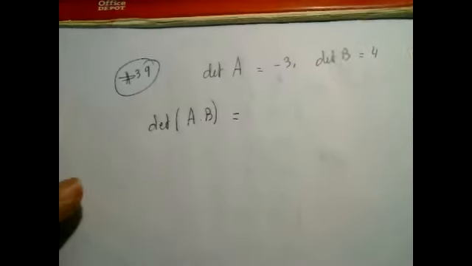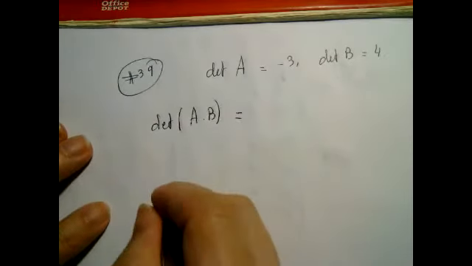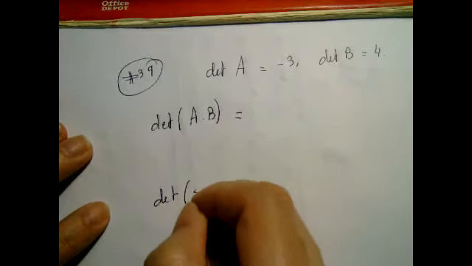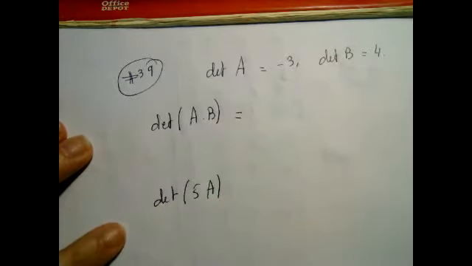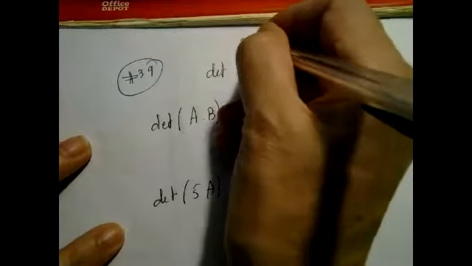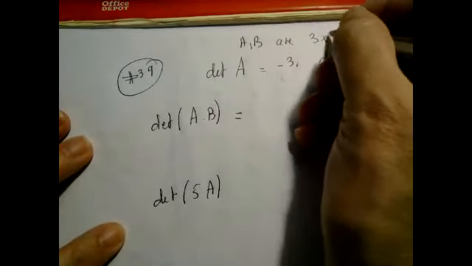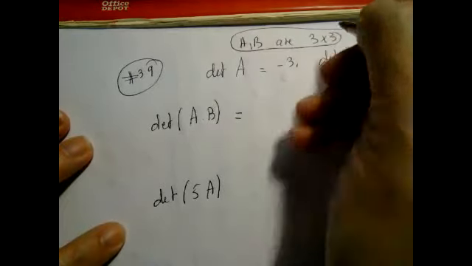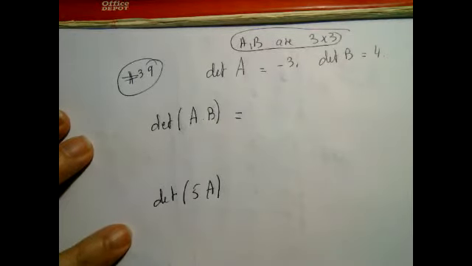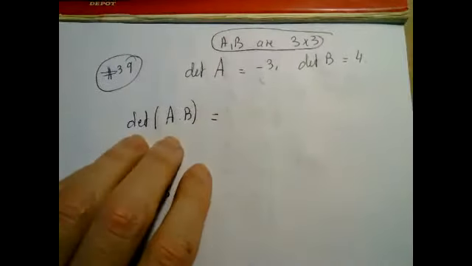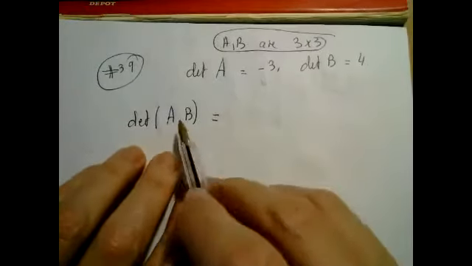The determinant of A times B. The determinant of 5A, and sorry, A, B are 3 by 3. And then the determinant of A inverse and the determinant of A to the power 3. All right, you can do them one by one. And as we do them, I'll remind you the property of the determinant.